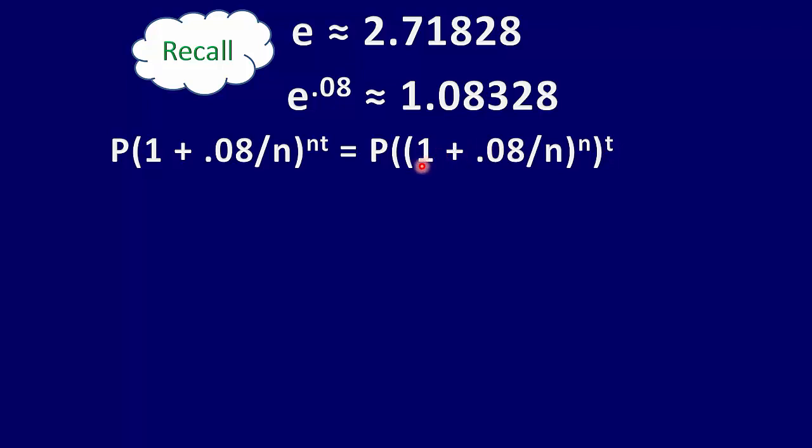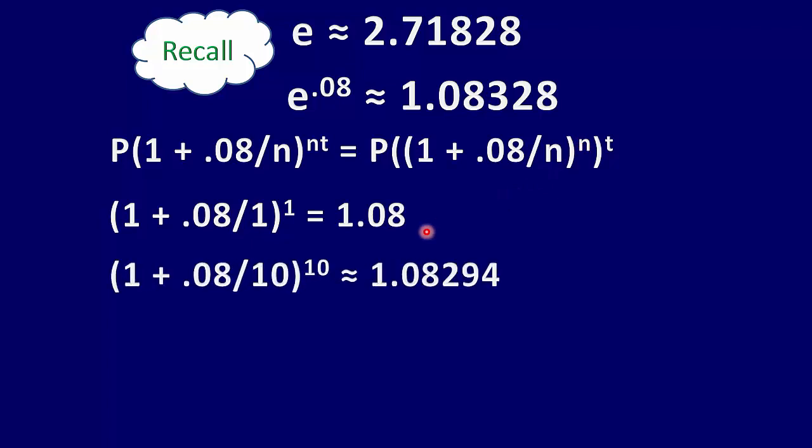Okay? Now, what I'm going to do is I'm going to play around with this part in here, this part right here. Okay? So let's suppose I compound the interest once a year. Well, this part right here just becomes 1.08. See? I just put 1 in place of n. See? And 1 here and 1 here.